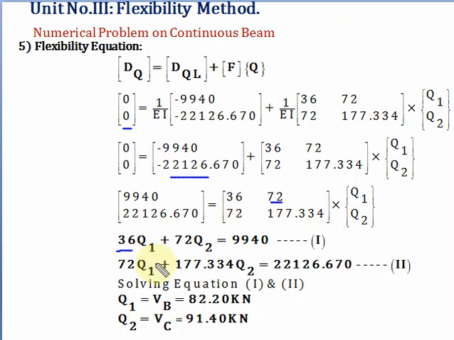Then 72 into Q1 plus 177.334 Q2 is equal to 22126.670. Now solving these two simultaneous equations, we get the value of Q1, which we consider equal to the vertical reaction at B, that is 82.20, and Q2 equal to the vertical reaction at C, that is 91.40.